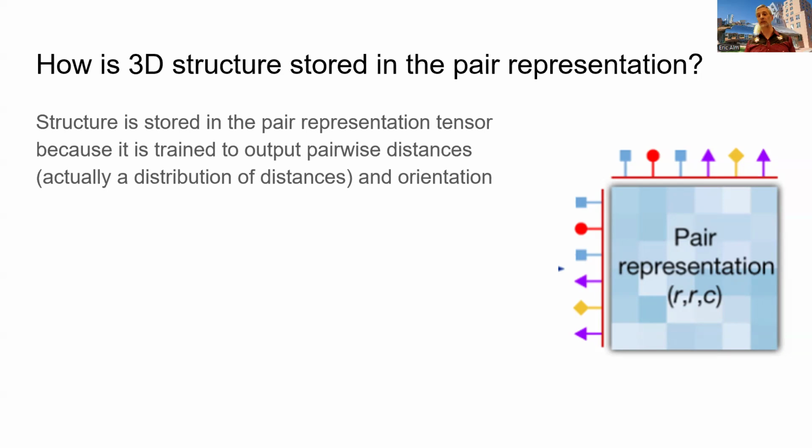It's also storing the orientation, so the phi psi angles and also the orientation of the residues themselves and the direction that the backbone is moving in, and all these things are fit during the training process.